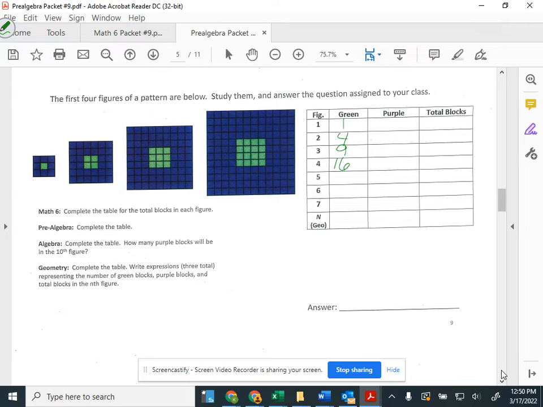So let's look at the purple. How many purple squares are there in the first figure? How many in the second? 32. How many are in the third? That's not 81. Oh, that's 72.